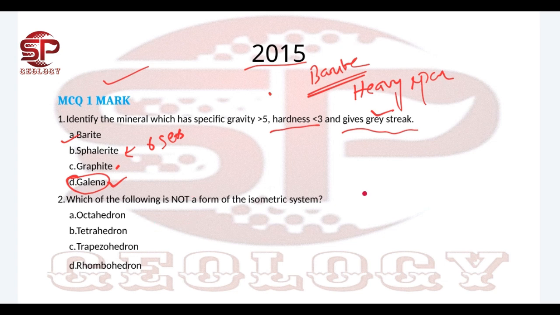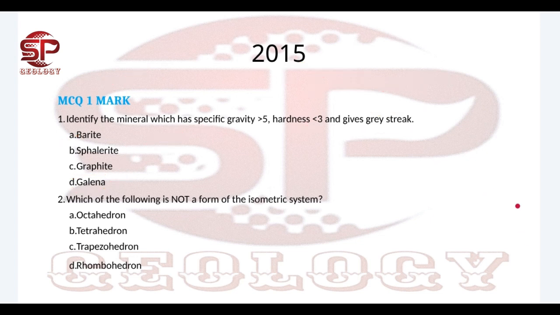Which of the following is not a form of the isometric system? The isometric system has 15 forms, and there are 33 non-isometric forms. Octahedron is isometric, tetrahedron is isometric, trapezohedron is isometric. All three are isometric.